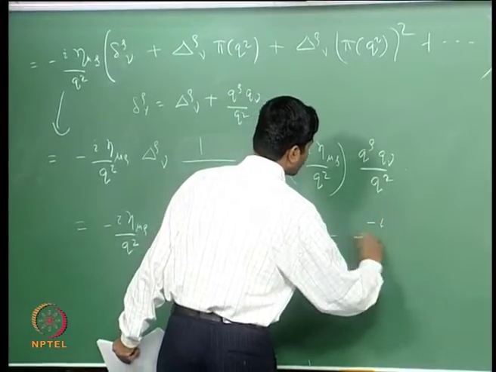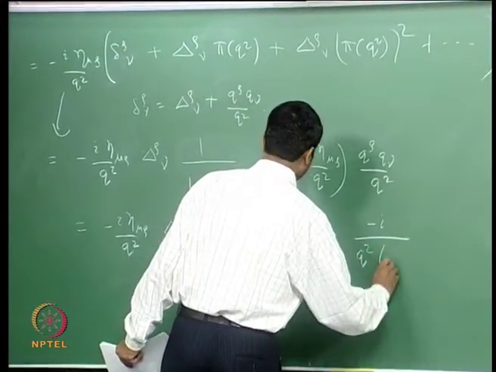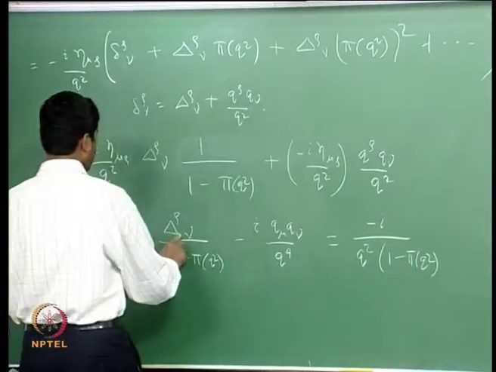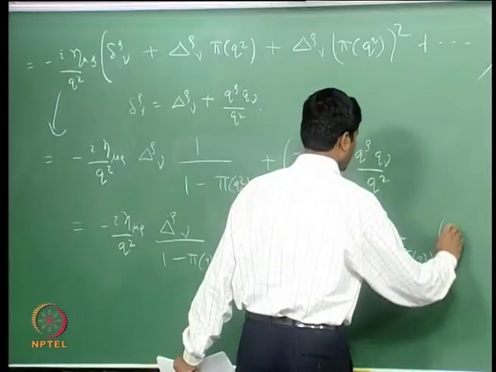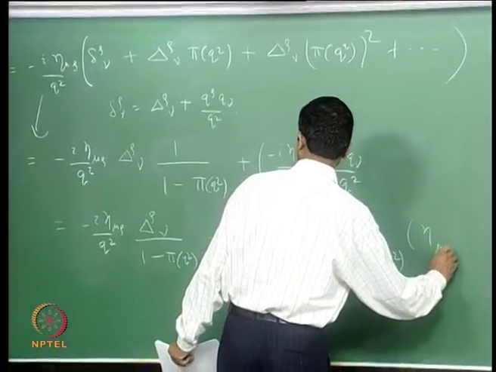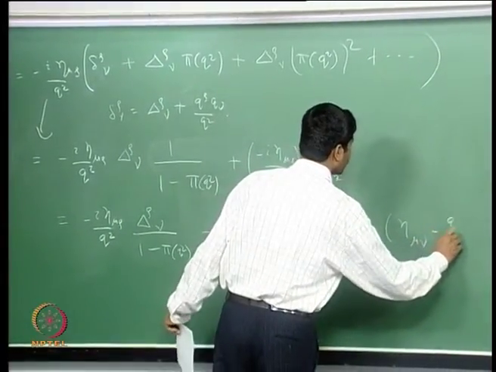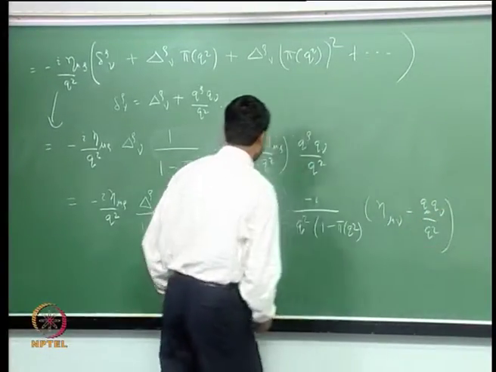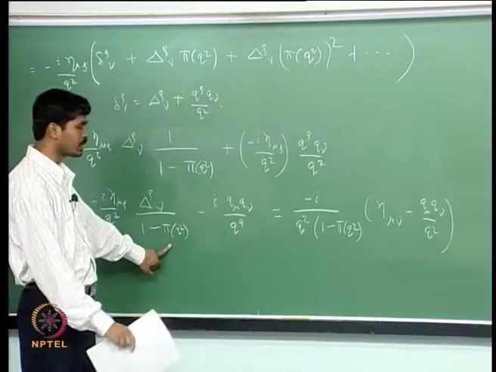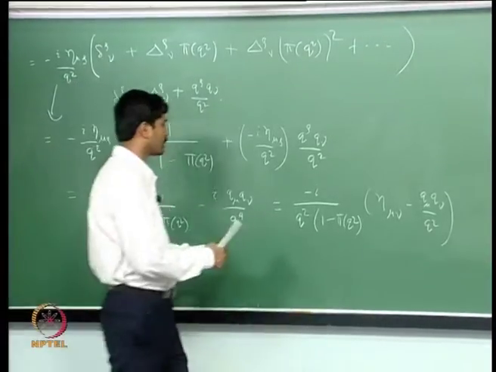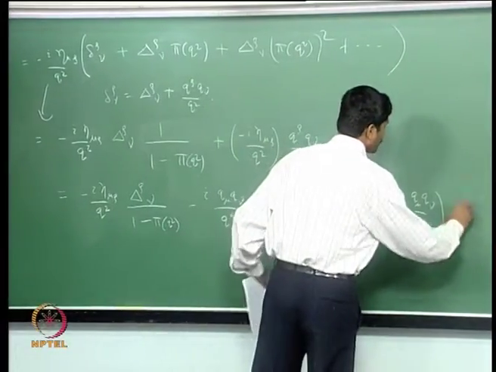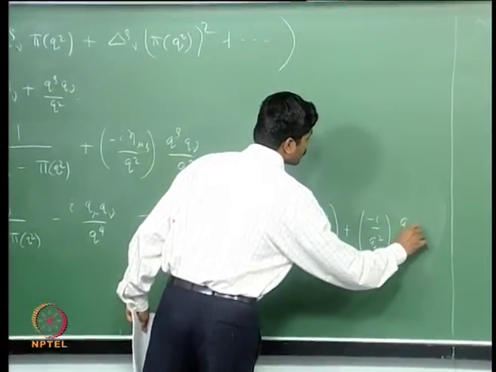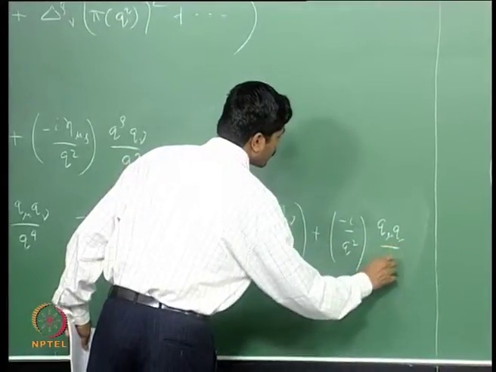So, minus i divided by q square, 1 minus pi of q square, times this is merely given by eta mu nu minus q mu q nu divided by q square. That is the first term, and the second term is simply given by plus minus i over q square, q mu q nu divided by q square.